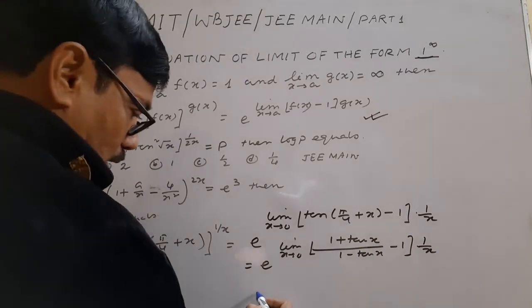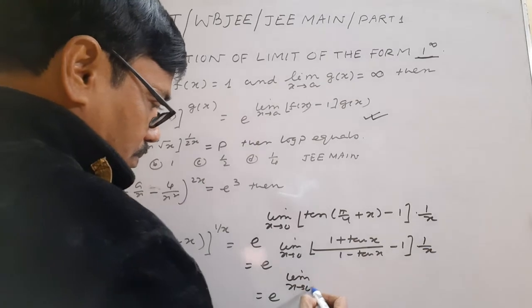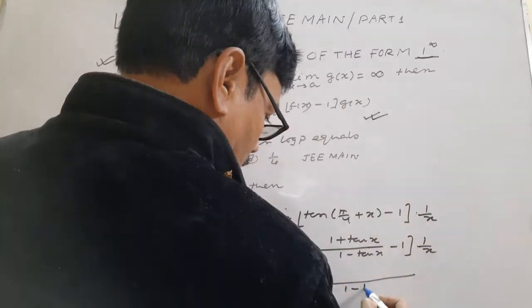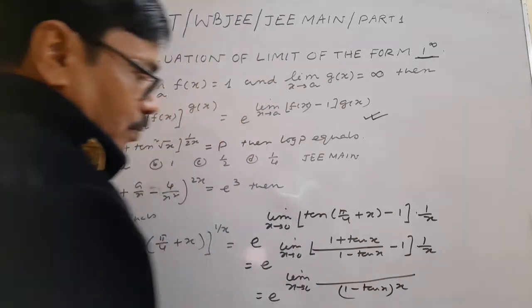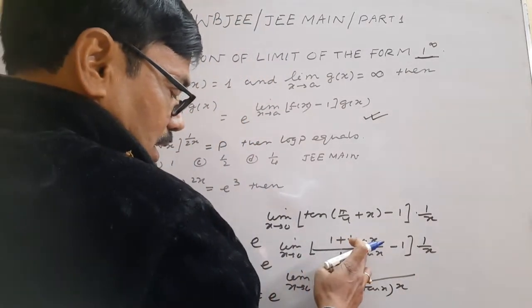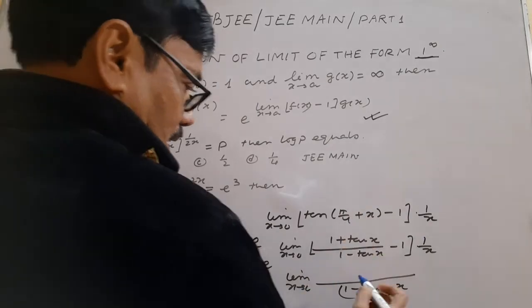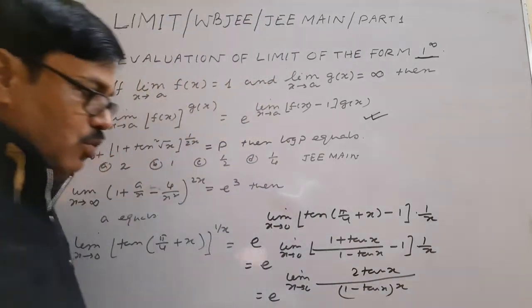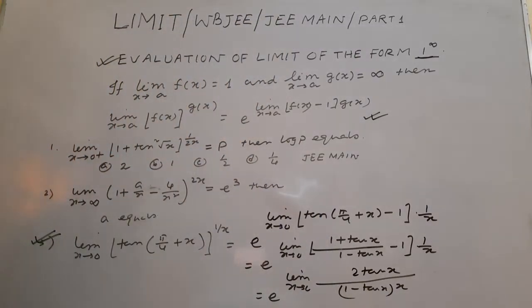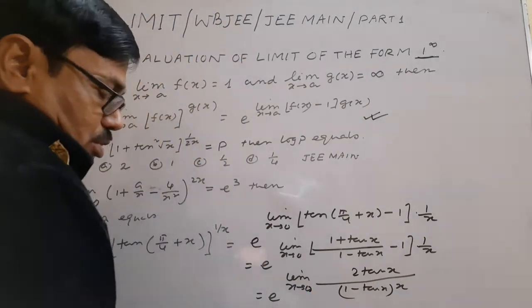Now this is equal to limit x tends to 0, (1 minus tan x) into x in the denominator, and in the numerator 1 plus tan x minus 1 plus tan x. So this is 2 tan x, limit x tends to 0.